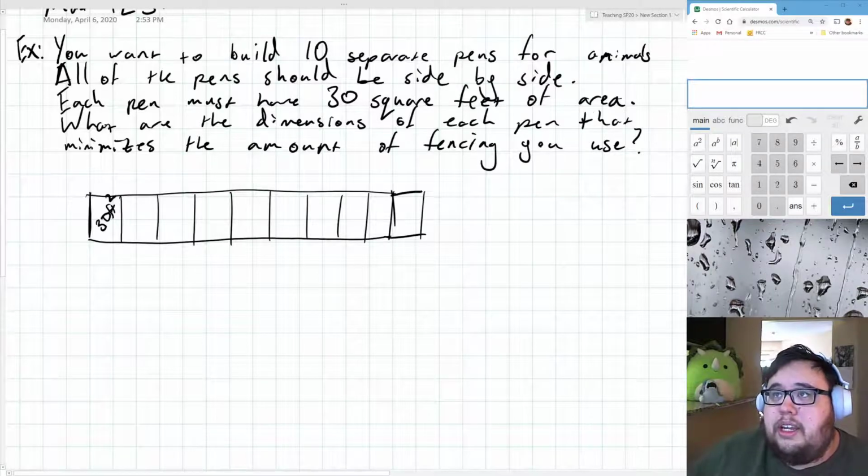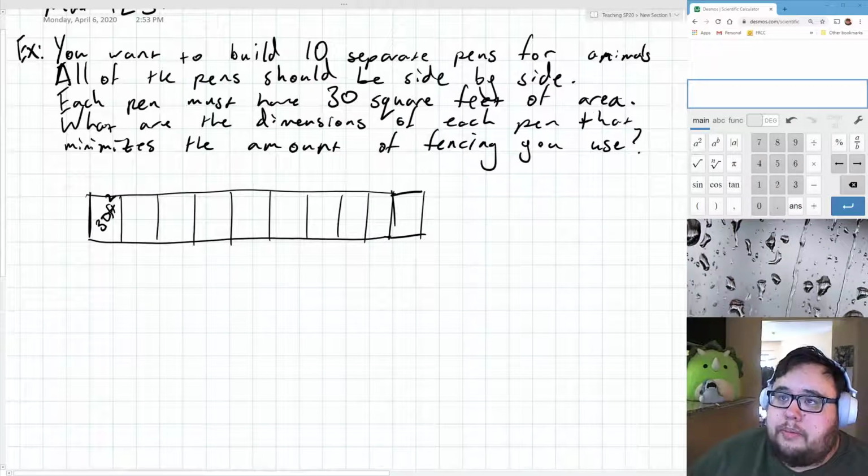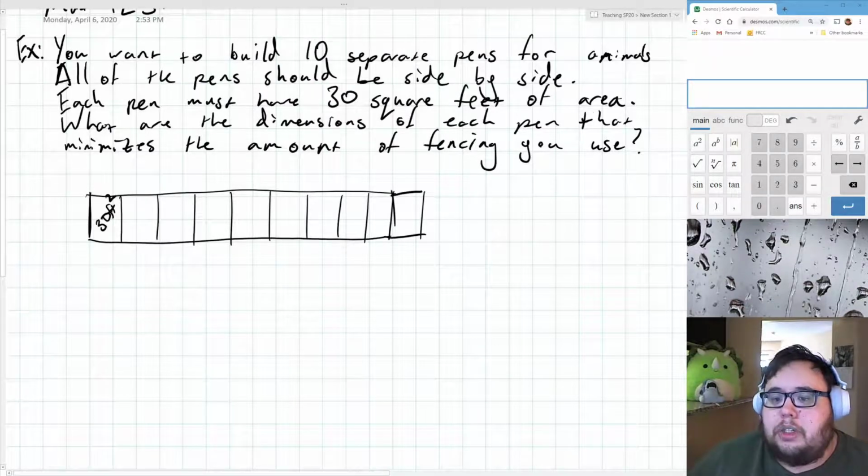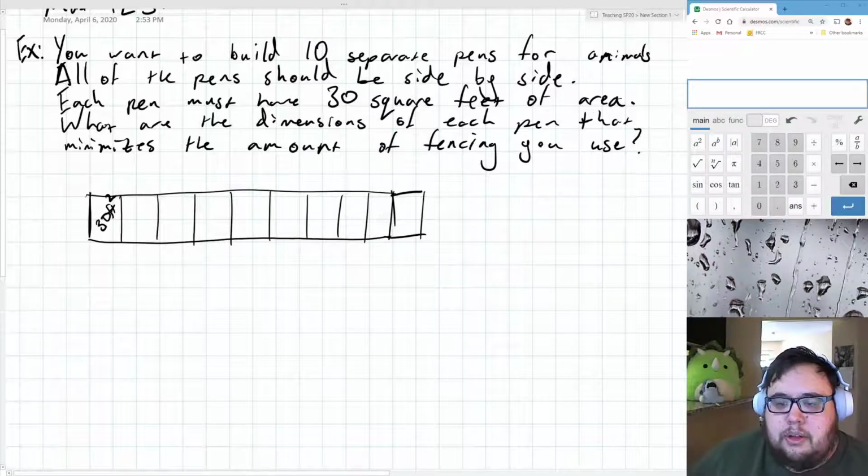So, any ideas as to what our constraint or our objective looks like? Vivek, I saw you light up your mic, but I didn't hear anything from you.